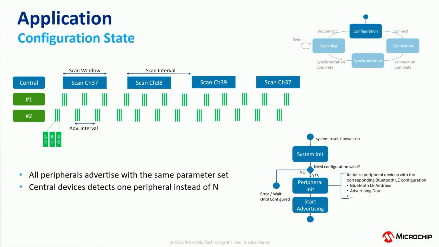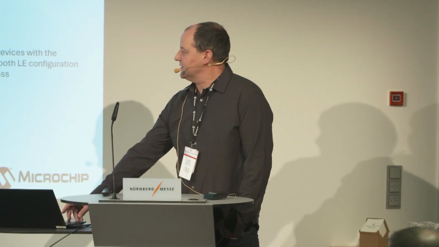And then we start the advertising. So at the end of the configuration state, all peripheral devices are advertising with the same parameter set. The central device itself detects only 1 peripheral device instead of n. So if this is done, we wait for connection.